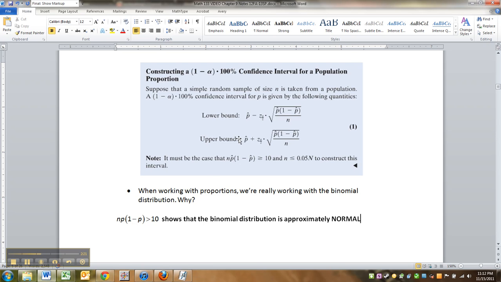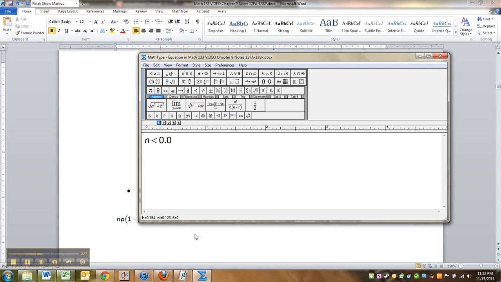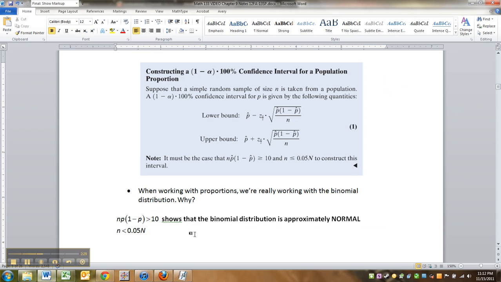You need normal because normal is where we're going to get that z-score from. Capital N, with n less than or equal to 0.05 of it, ensures that the samples are independent, which you remember from section 6.2 is kind of a big deal.